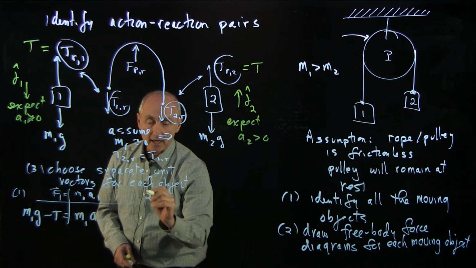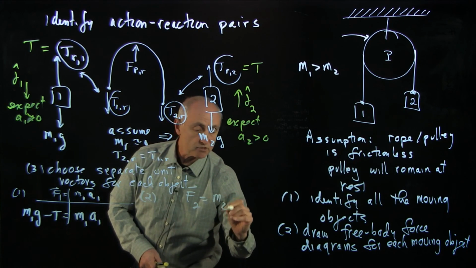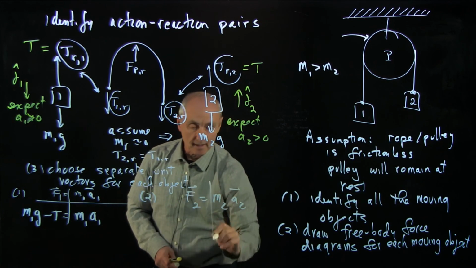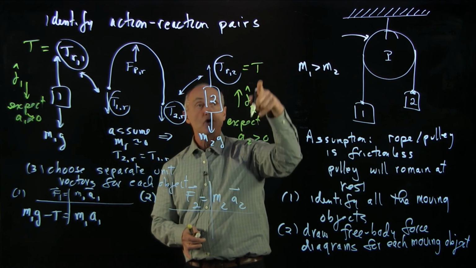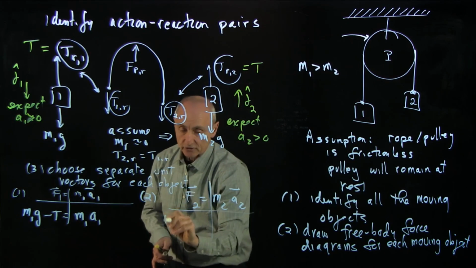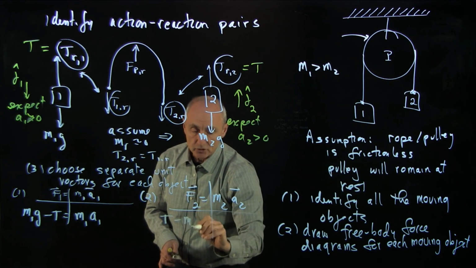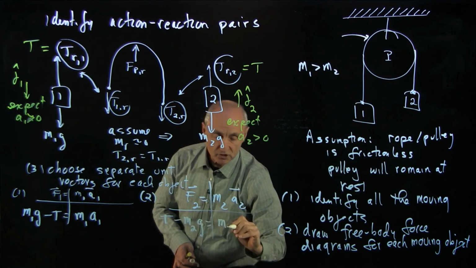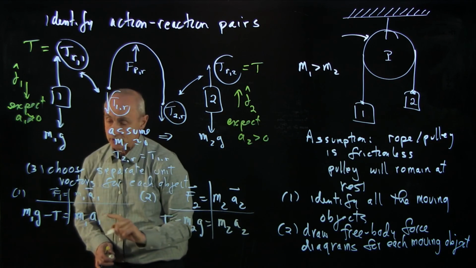And in the same way, on m2, F2 equals m2a2. I look at my force diagram. Now notice, j hat is up, so T is positive. m2g is in the minus direction. So T minus m2g equals m2a2. So I now have two equations.